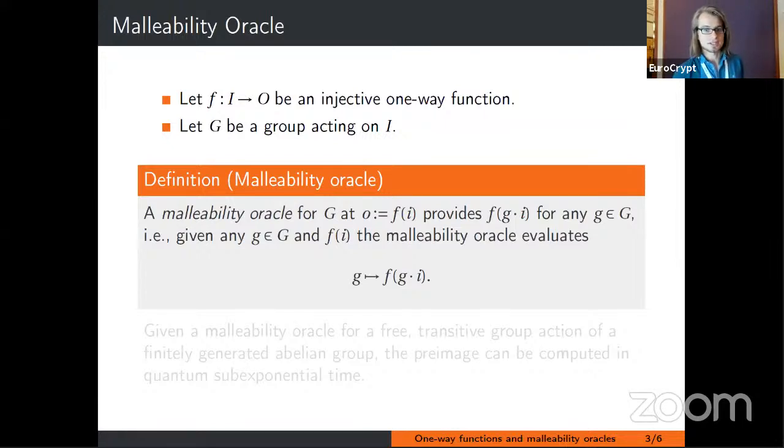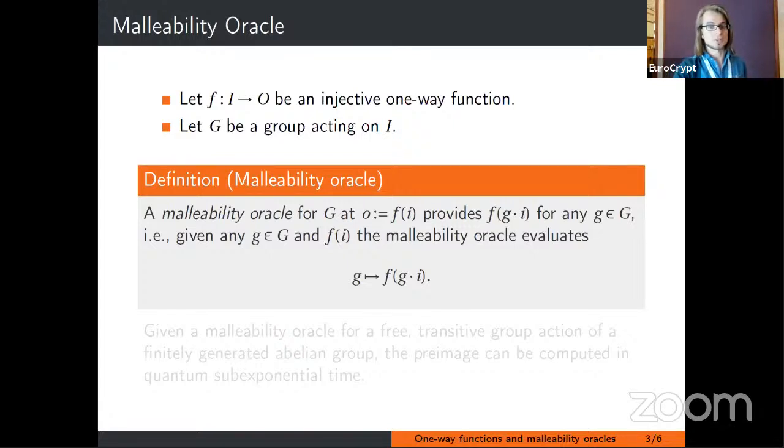Malleability oracles were in the title, so let's talk about what we call a malleability oracle. If you have a one-way function that's injective and you have a group action on the domain of this function, then we call a malleability oracle at one point in the codomain, f(I), if we can compute the output of the one-way function f(g·I) for a group element g without knowing I. So you can basically map a group element to the output of the one-way function of g·I, where I is unknown.